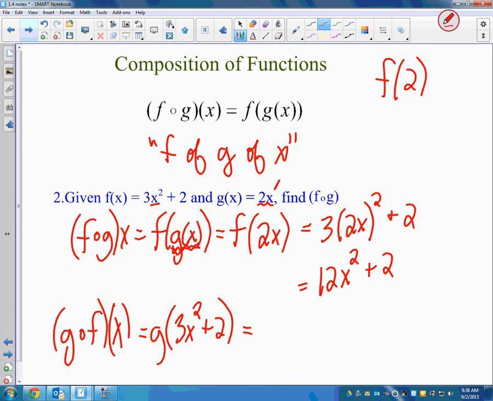So I'm going to plug that into the g function, which is just taking 2 times 3x squared plus 2, which gives me 6x squared plus 4. It is not commutative. It matters what order you do it in. It's not multiplication. Composition.